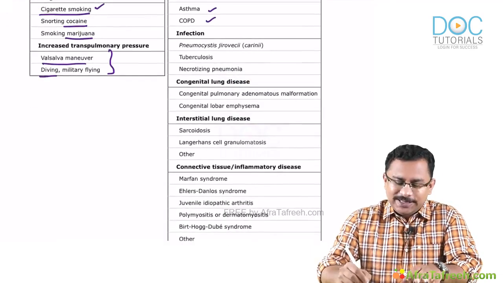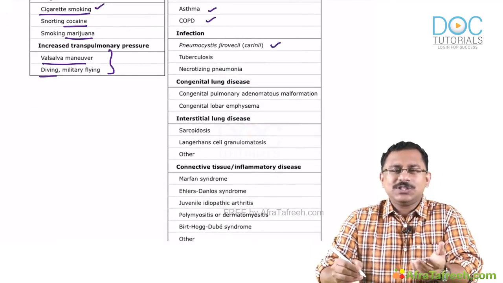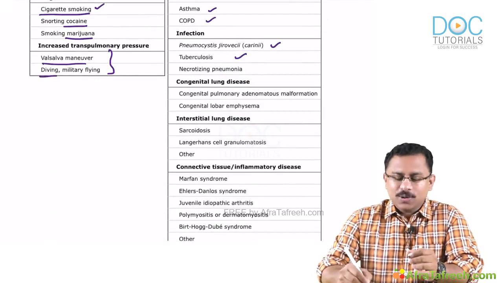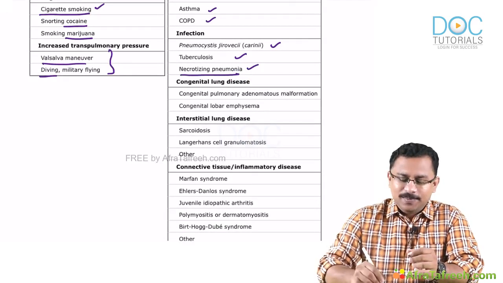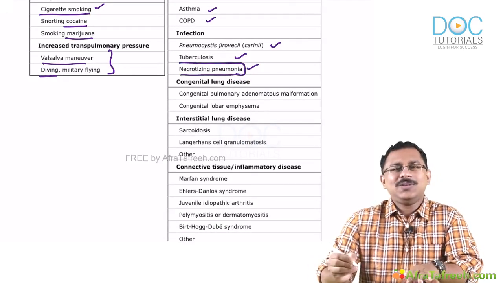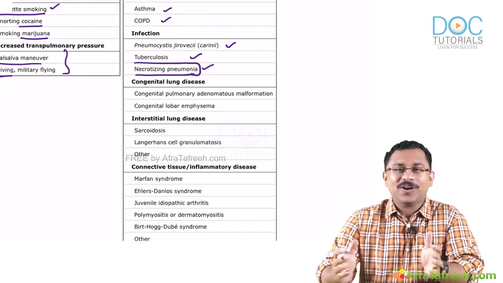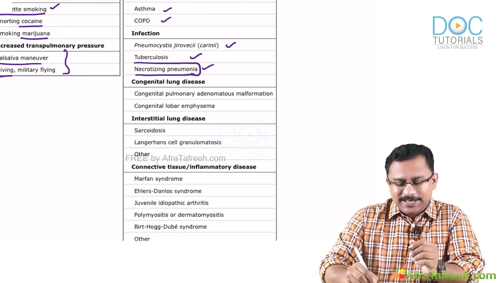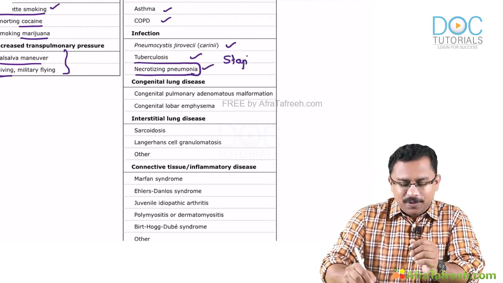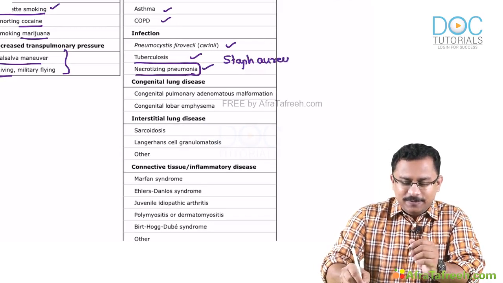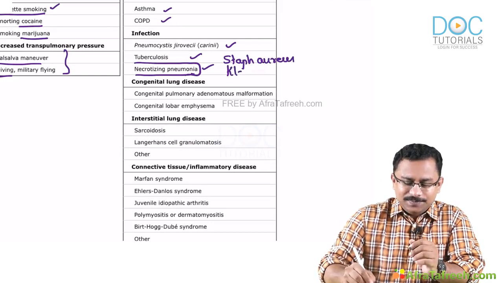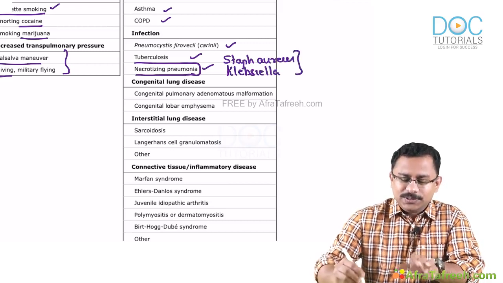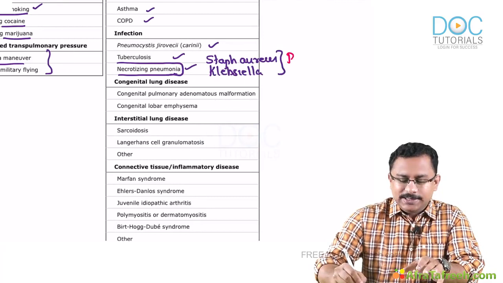As a part of infections like Pneumocystis jirovecii, tuberculosis and necrotizing pneumonia, you have got to know that two organisms, especially your Staph aureus and Klebsiella, are very well known to produce pneumatoceles.